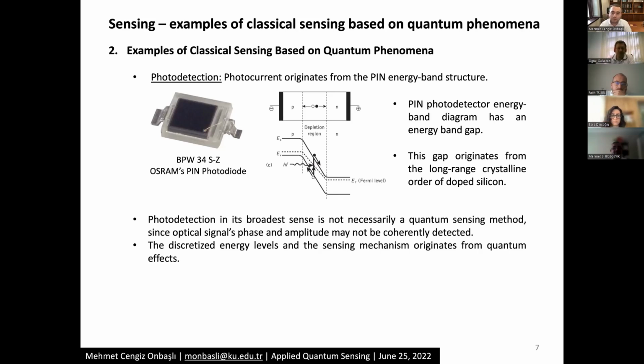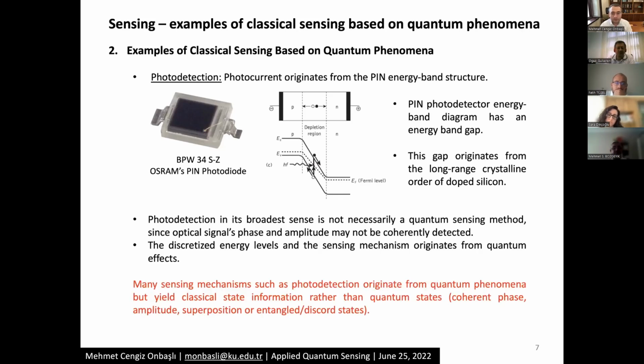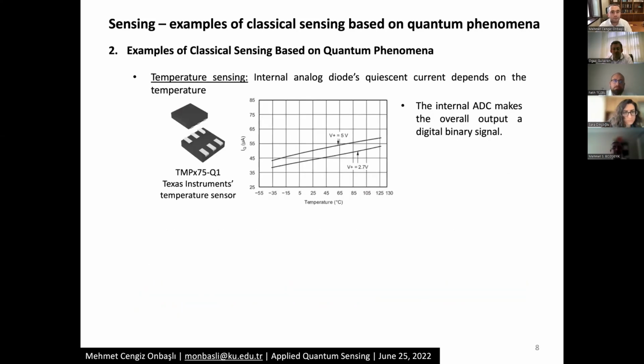And I'm going to refer to the cases where we are going to use truly quantum sensing mechanisms in the following few slides. We look into superposition, entanglement, or discord states or coherence in the waves that we receive to pick up quantum states. So one more example, and I'm going to move on to the truly quantum part.